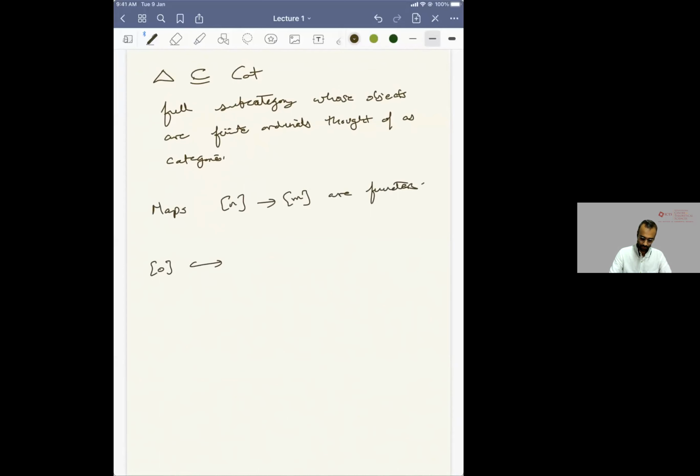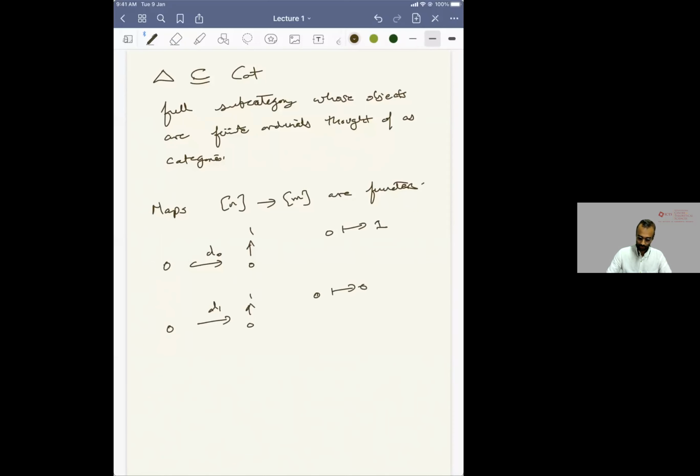I have D0, which is the map into 0, 1, which is the map 0 goes to 1. Then I have the, oops, sorry, this should just be like 0 itself. And then I have the map from 0 to 1, which is 0 goes to 0, and this is D1.